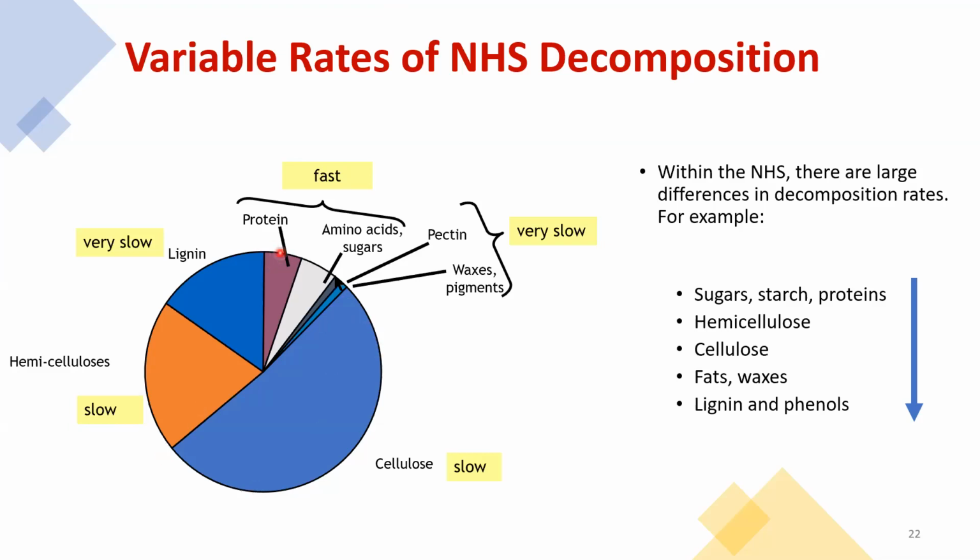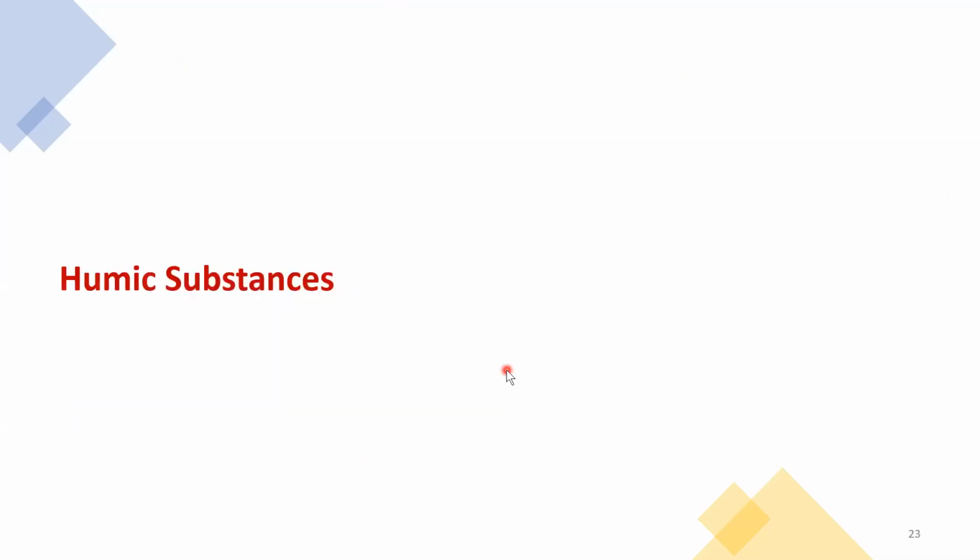The faster they are, the less in concentration. Lignin is also less. But if the lignin concentration is more, it means that it will stay more in the soil. The pectins, the waxes, etc.